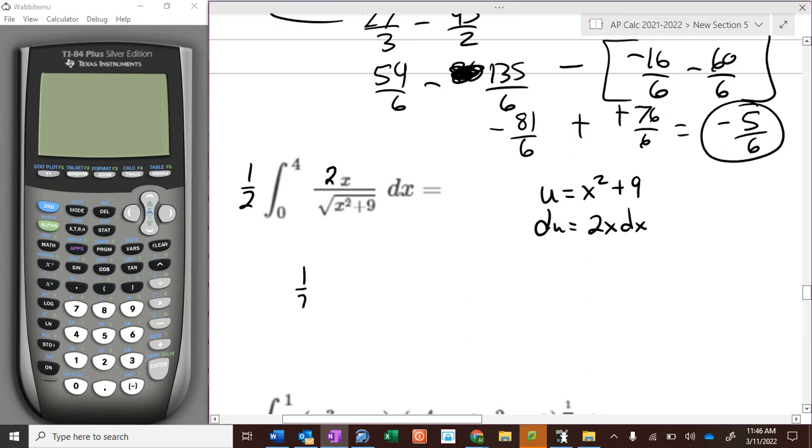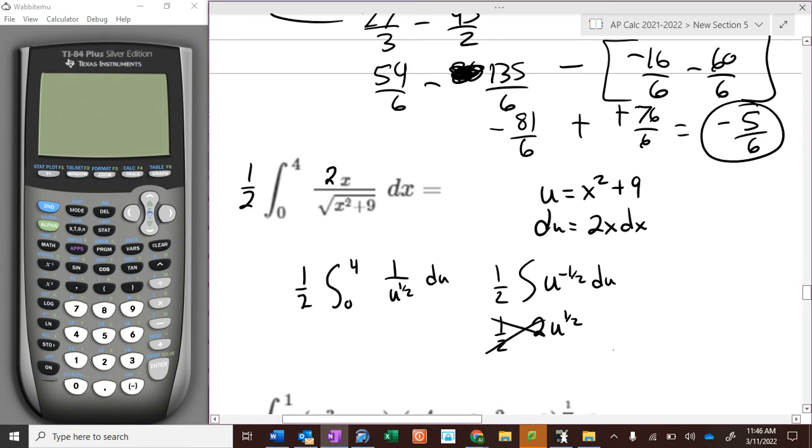So it's 1/2 the integral from 0 to 4 of 1 over u to the 1/2 du. So you have u to the -1/2 du. Yeah, you're integrating. So it becomes u to the 1/2, which means a 2 in front. The 2 and this 1/2 cancel.